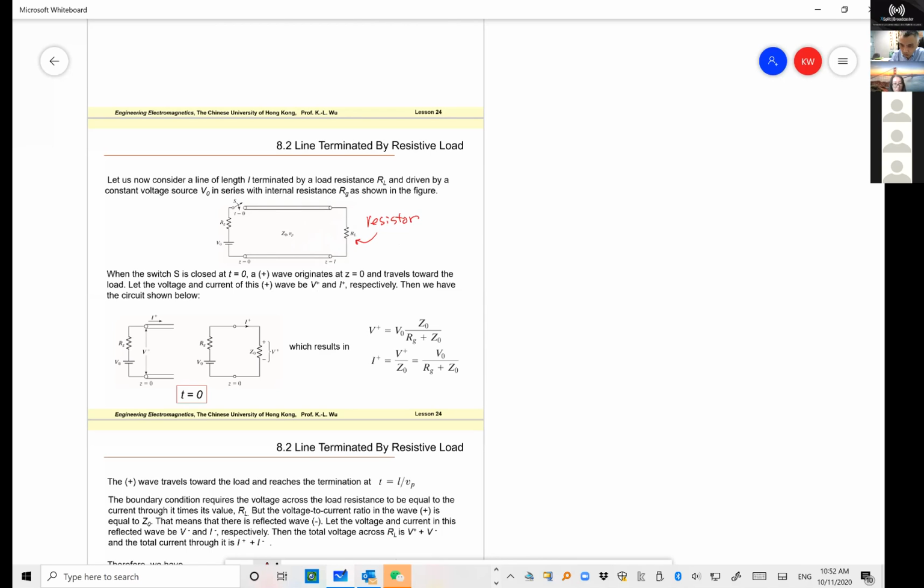I also have a source resistance, and a battery with constant voltage. So this overall forms a source.